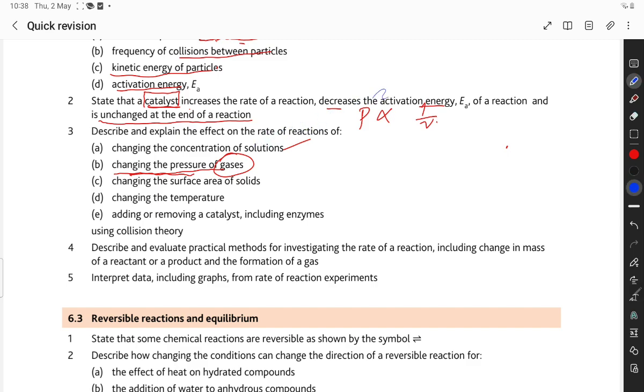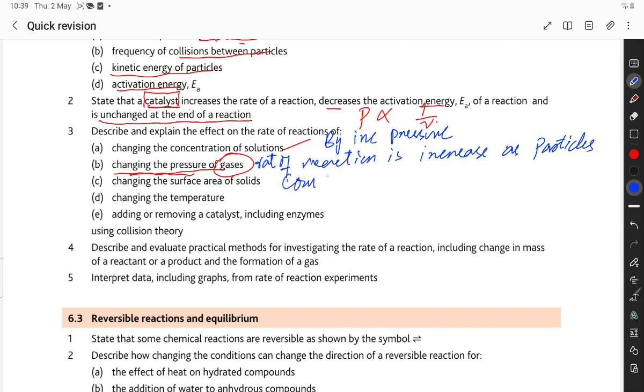So you have to write down like this: by increasing pressure, rate of reaction is increased as particles come closer to each other and have more particles per unit volume.